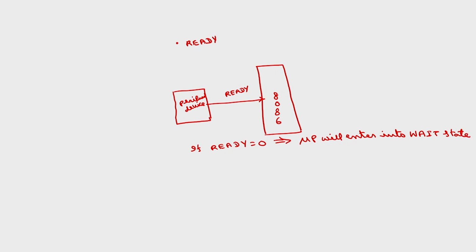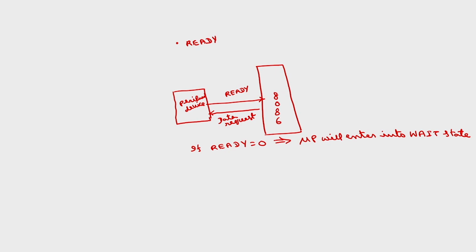This is like when the microprocessor wants to take data from a peripheral device. Normally the peripheral device is slow compared with the 8086, so the microprocessor first initiates a data request. Till the data is ready, because the peripheral is slower, ready is equal to 0, so the microprocessor simply waits in the wait state.